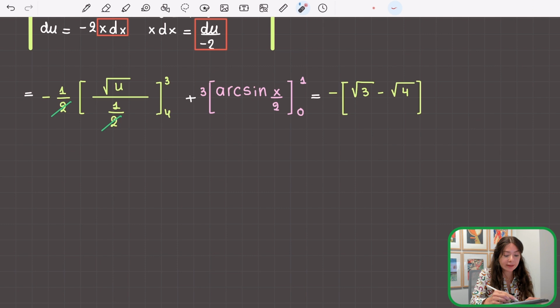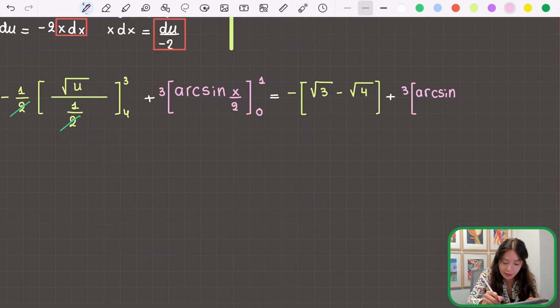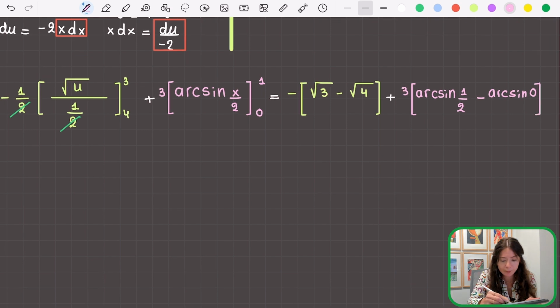This is already applying the fundamental theorem of calculus, upper bound minus lower bound, and minus here, upper minus lower, always. Anywhere you have x, you substitute the upper bound first, and then the lower bound. 0 over 2 is simply 0, so I'm not going to write over 2.